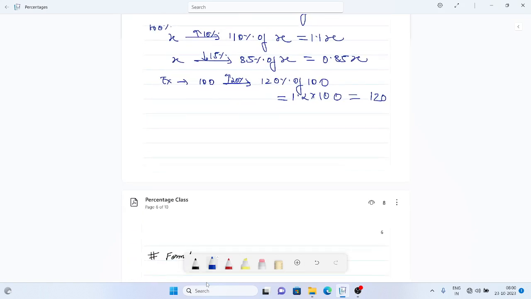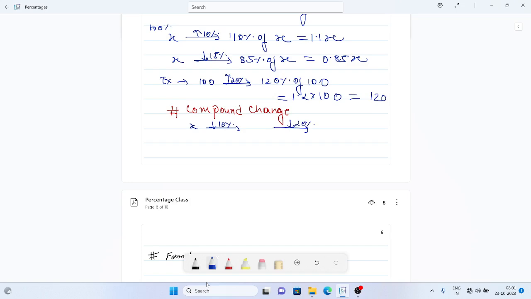Now I come to one more concept called compound change. What is compound change? One or two time increase or decrease is compound change. Like x is first decreased by 10%, then decreased by 20%, let's say.